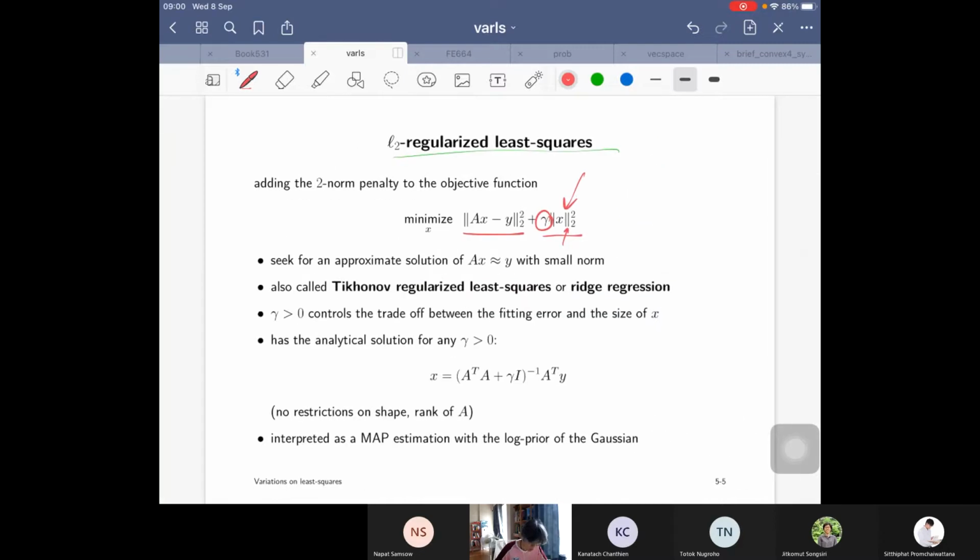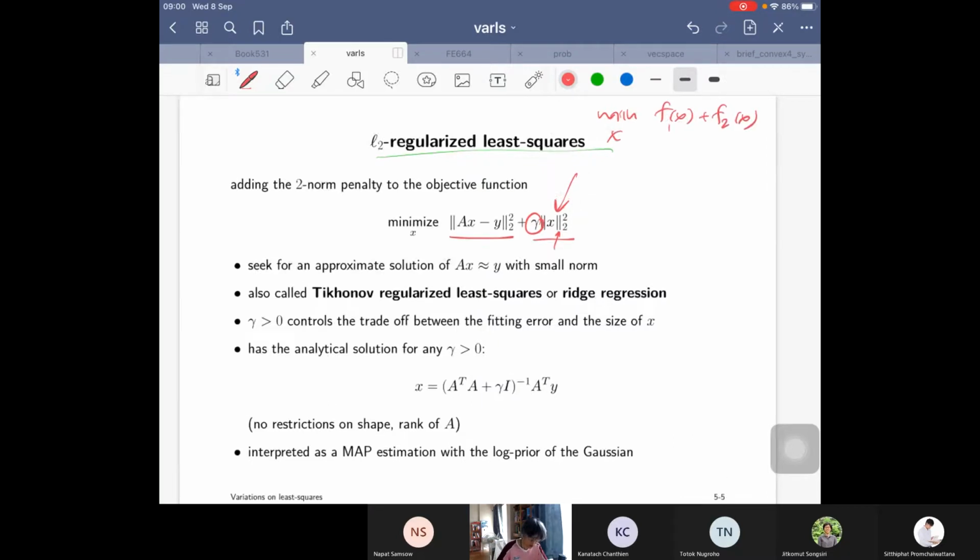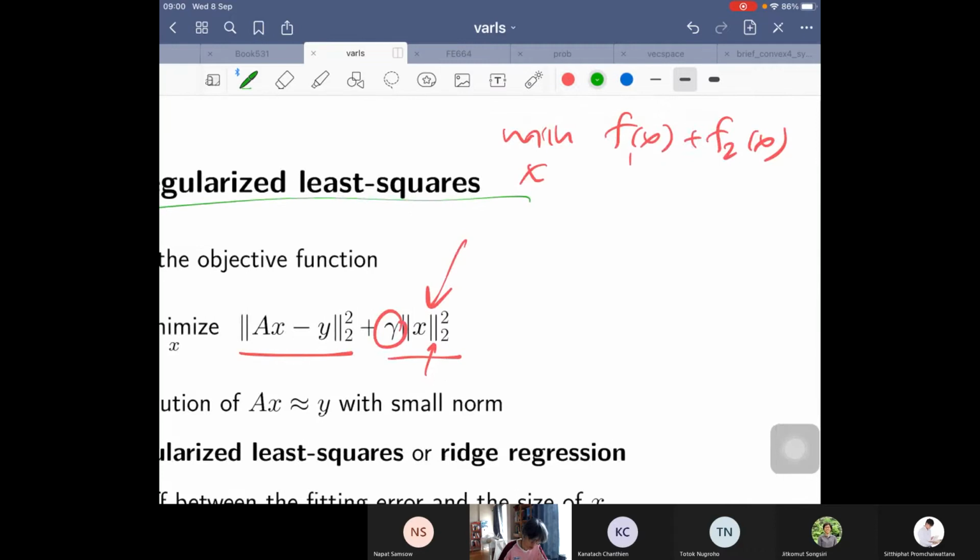When you have an optimization problem where the objective is split into two terms, f1 and f2, and you put a parameter gamma on f2, it acts like a relative weight between these two objectives.